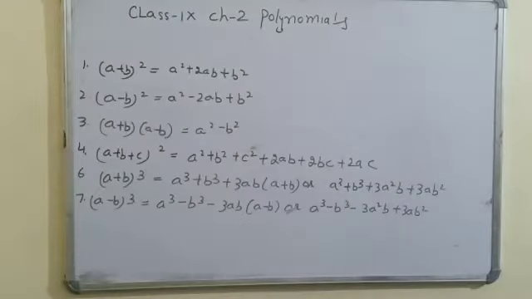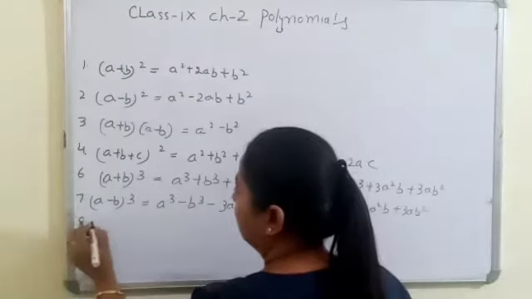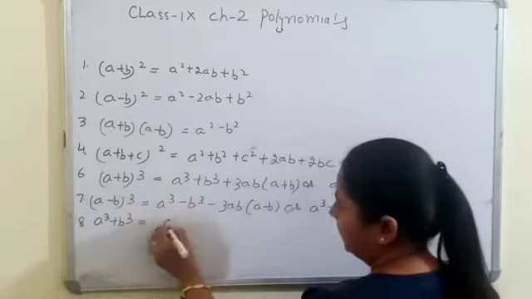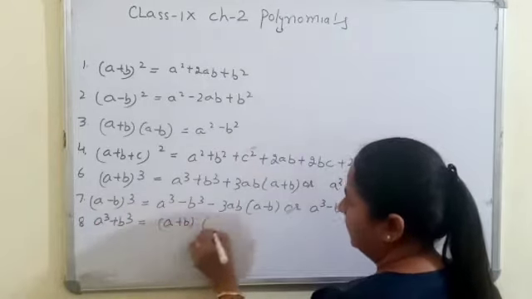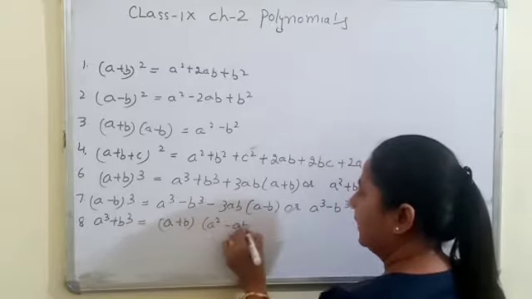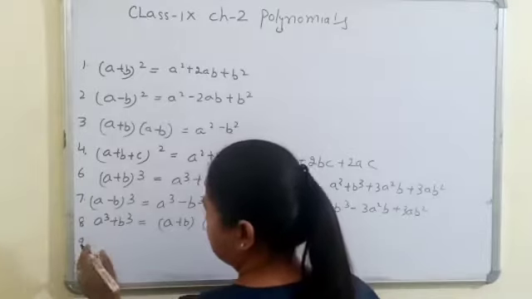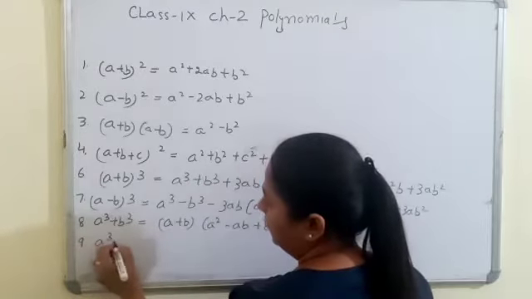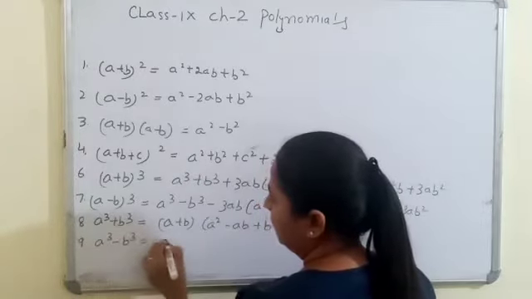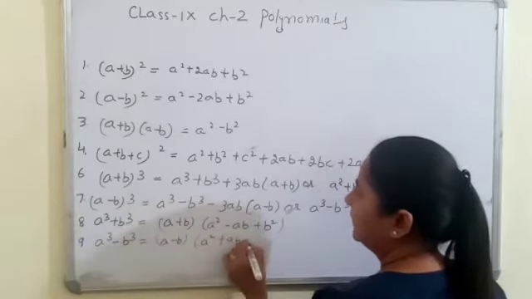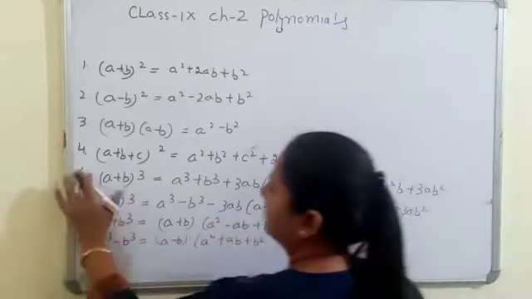Next is a cube plus b cube. This is equal to (a plus b)(a square minus ab plus b square), and next is a cube minus b cube, (a minus b)(a square plus ab plus b square).